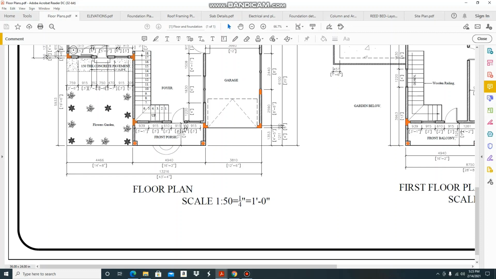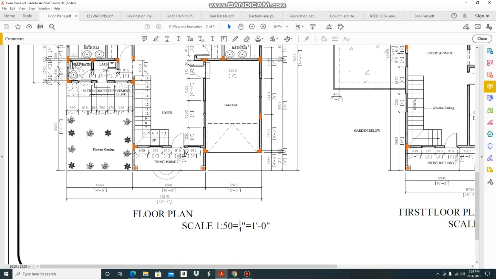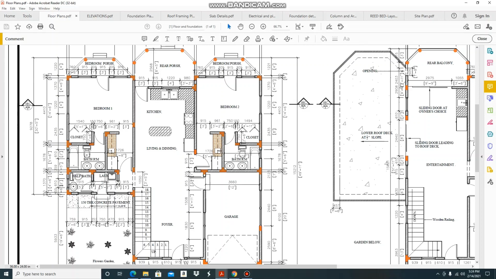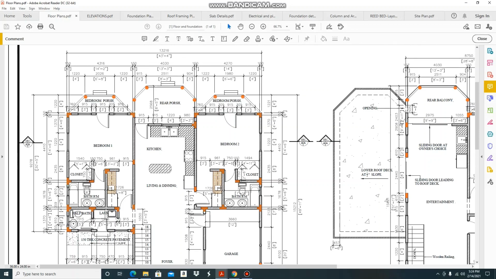So in the event that a critical dimension is left off the drawings, you can use your tape measure to measure it and come up with an accurate or close to accurate measurement of that dimension that is left off. Or you can use it to verify a dimension that is placed on the drawing.